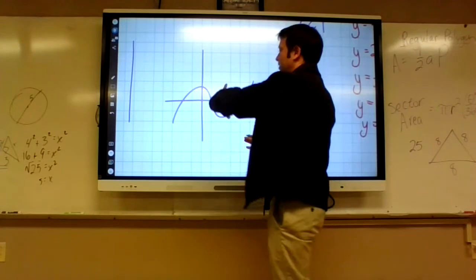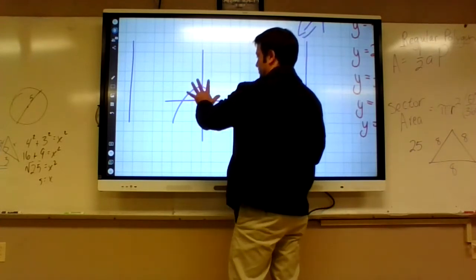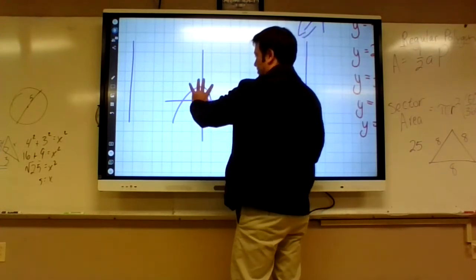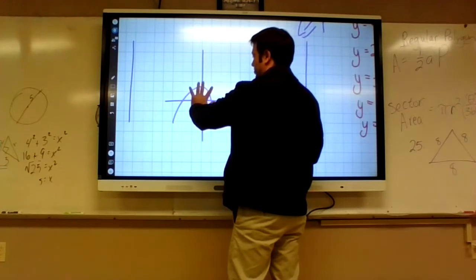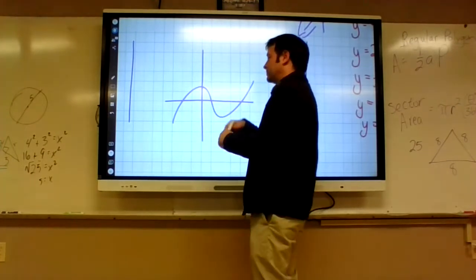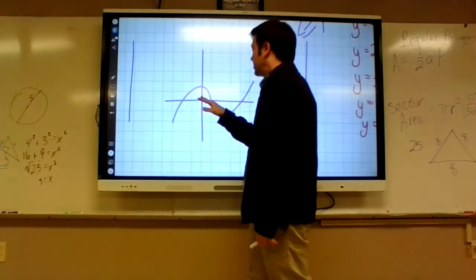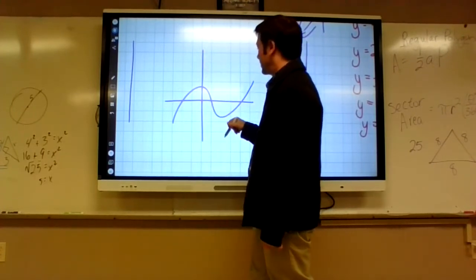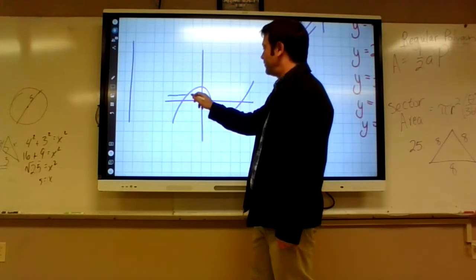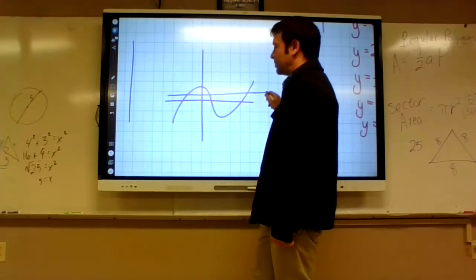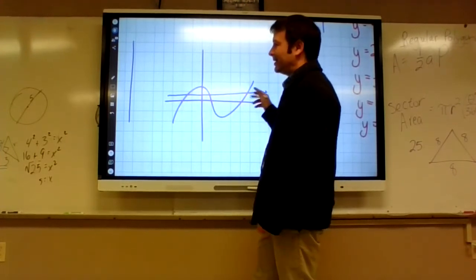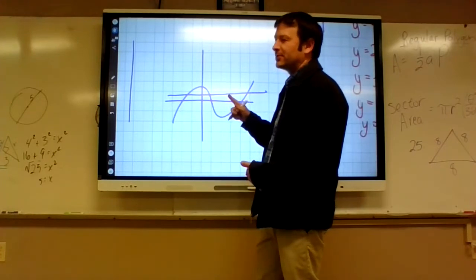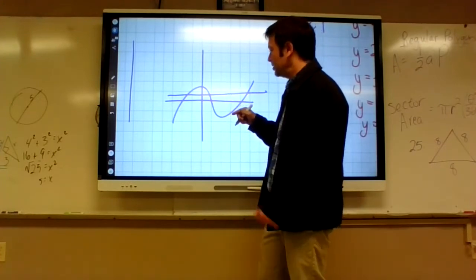The inverse is kind of going to flip and go this way. Basically, if the horizontal line test fails, it's not going to have an inverse. Does that make sense? Yeah.